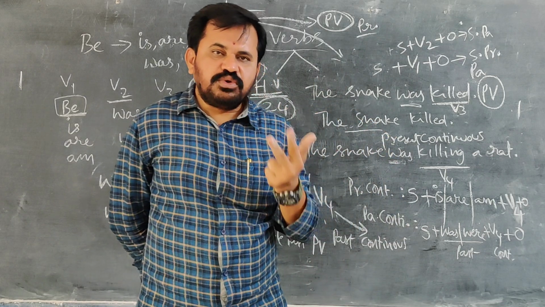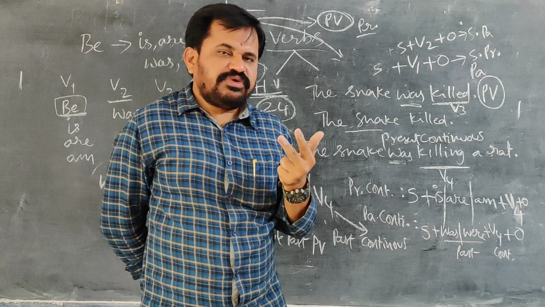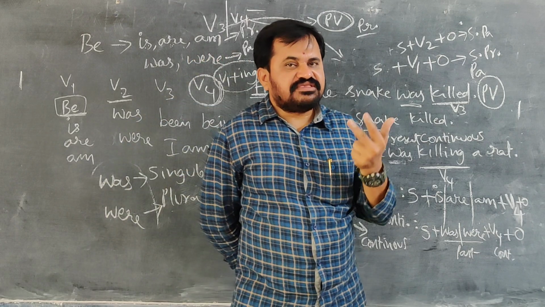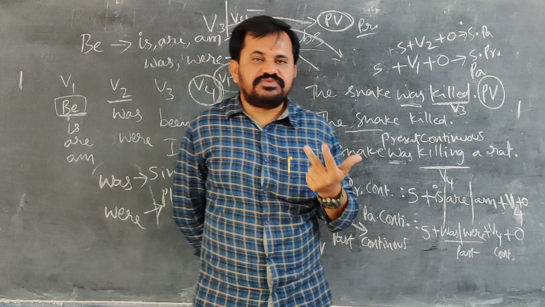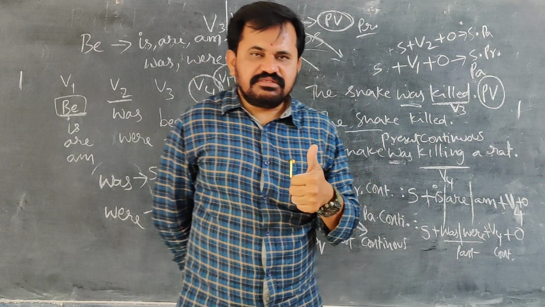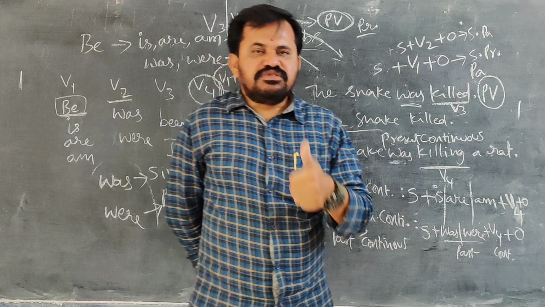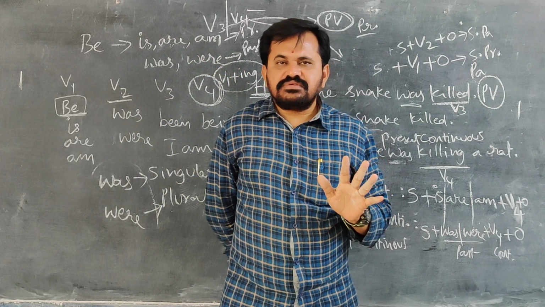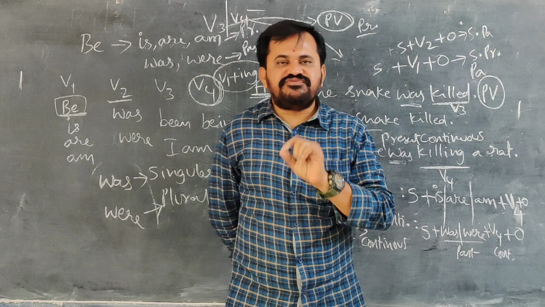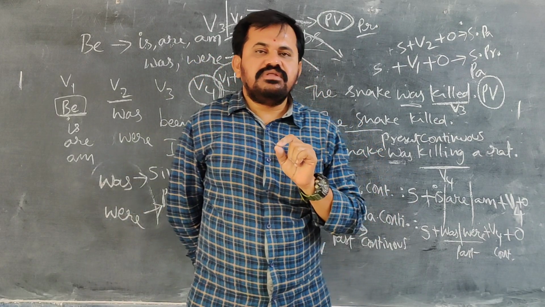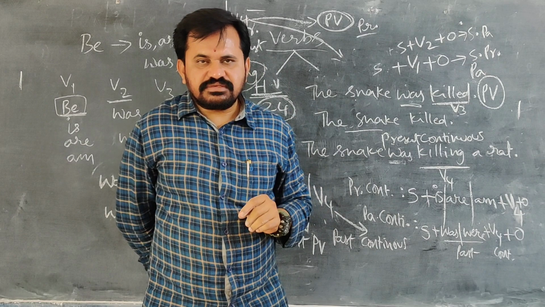In this we learned, though we didn't start the tenses chapter separately, we are learning here only. Remember them in a nice way. One is simple present tense. In simple present tense only V1 comes, before it the subject and after it the object. So subject plus V1 plus object is simple present tense.